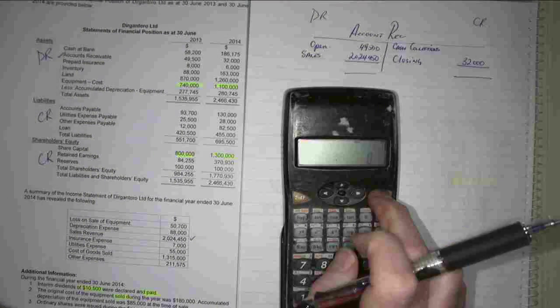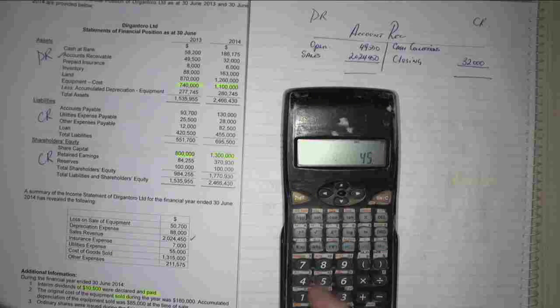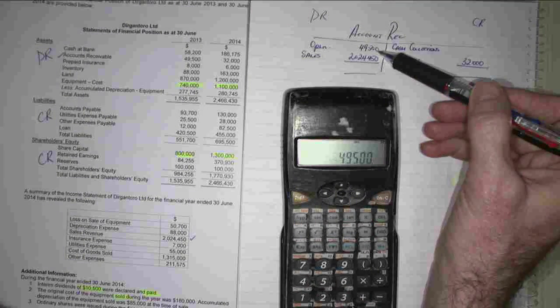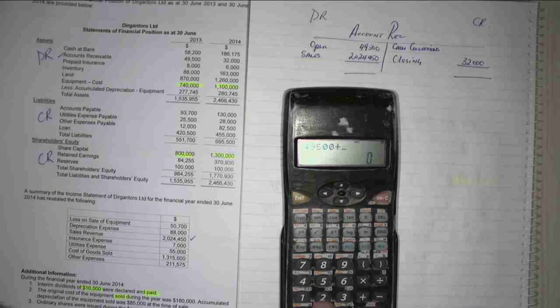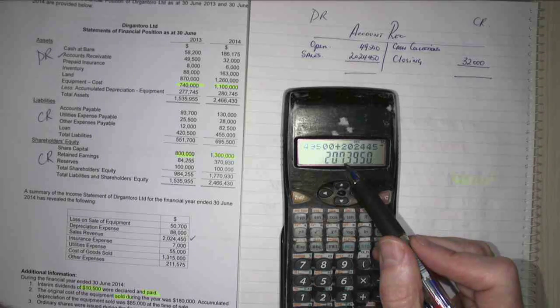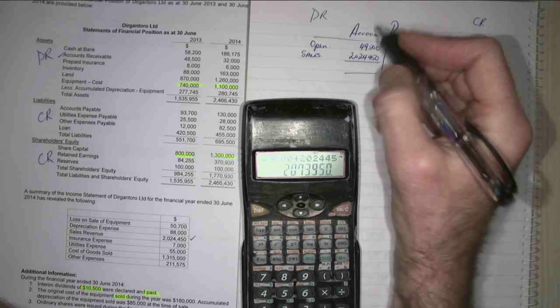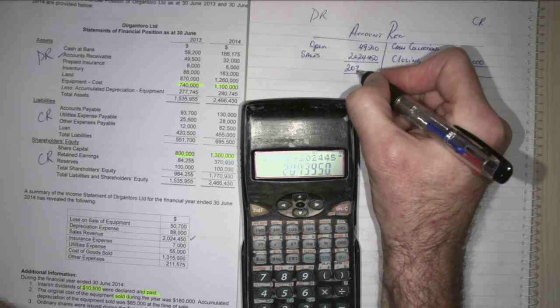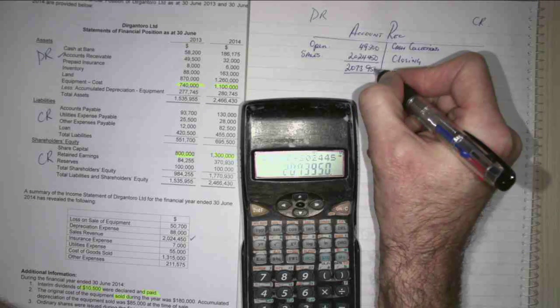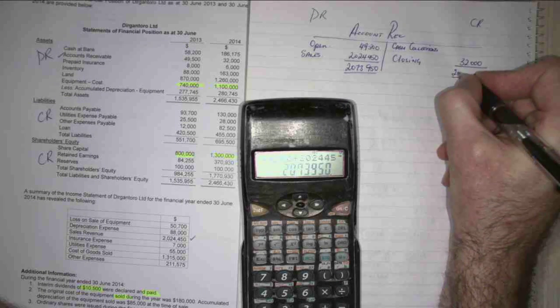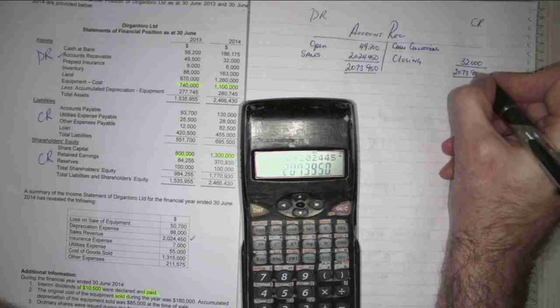So let's grab my calculator: 49,500, which is there, plus 2024,450, comes down to 207,350. So that'll make this side 207,350.